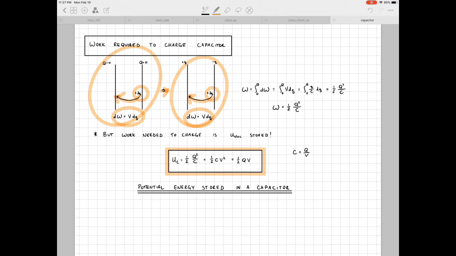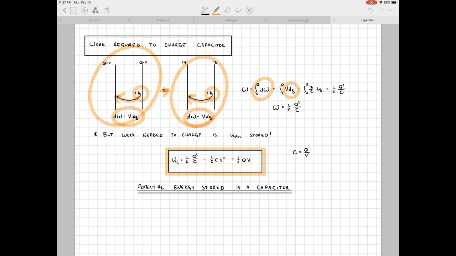Now, how do we do the calculation? Basically, I want to integrate this small amount of work all the way from adding 0 charge to the total amount of charge, big Q. I'm going to substitute the work expression for V dq.